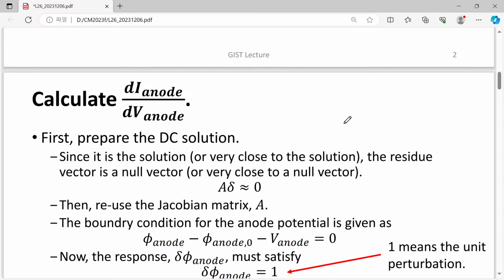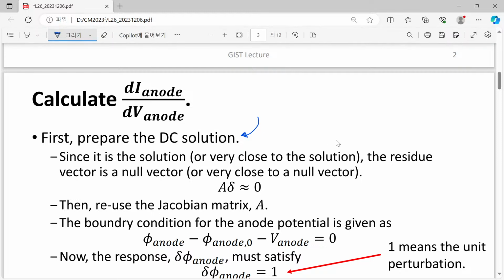In this case, we have to prepare the DC solution, but this is not that difficult for you now. Since it is the solution, the residue vector is a null vector. When you have the real solution and generate the Jacobian matrix and residue vector, you can find that the Jacobian matrix is just given, which is really invertible. However, you will find that the residue vector is identically 0. Why?